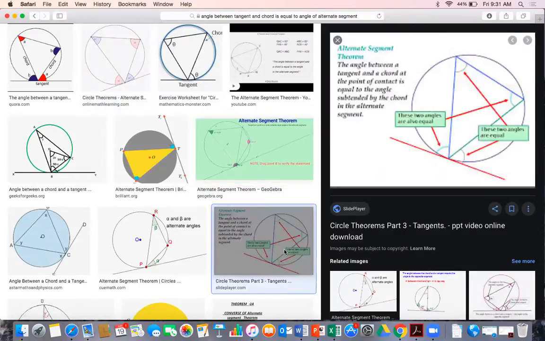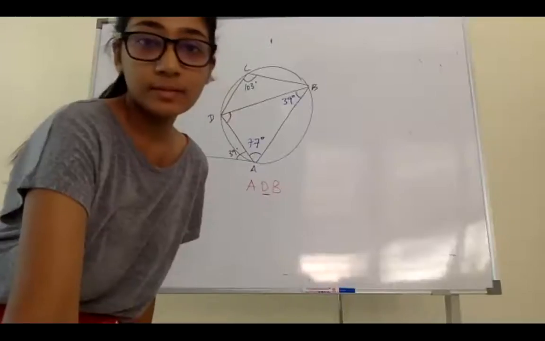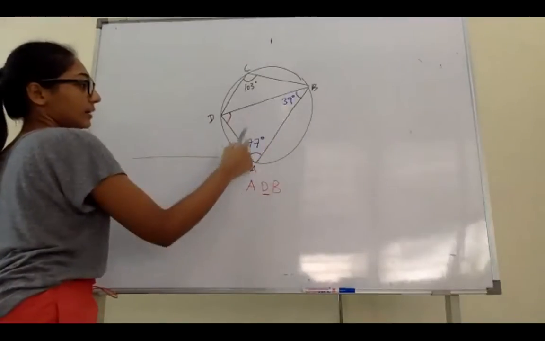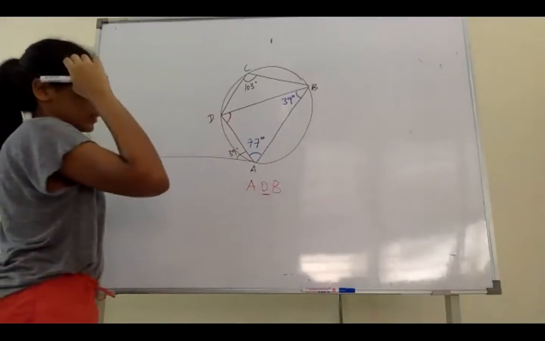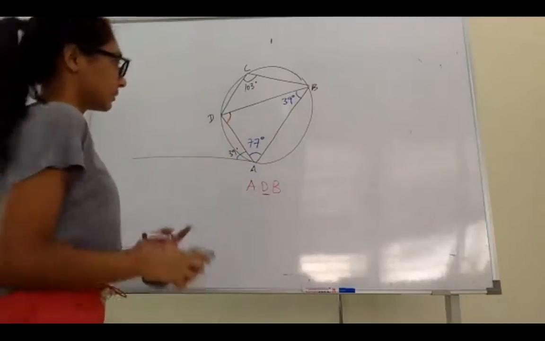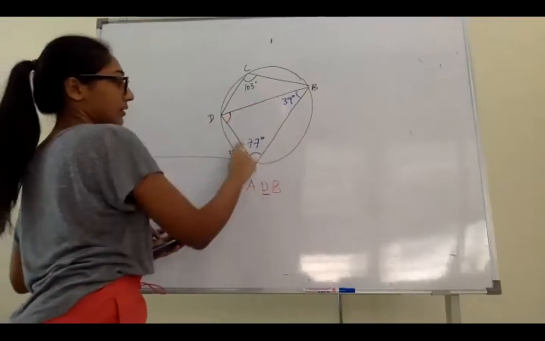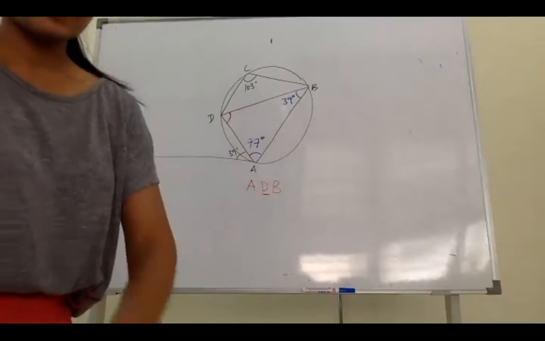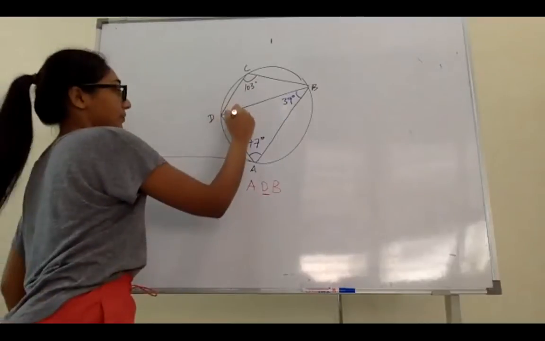So we switch back. This is 39. Since you want to find D, the angles in a triangle add up to 180. So 180 minus 77 plus 39, you will get 64 degrees. So that's how you get 64 degrees here.